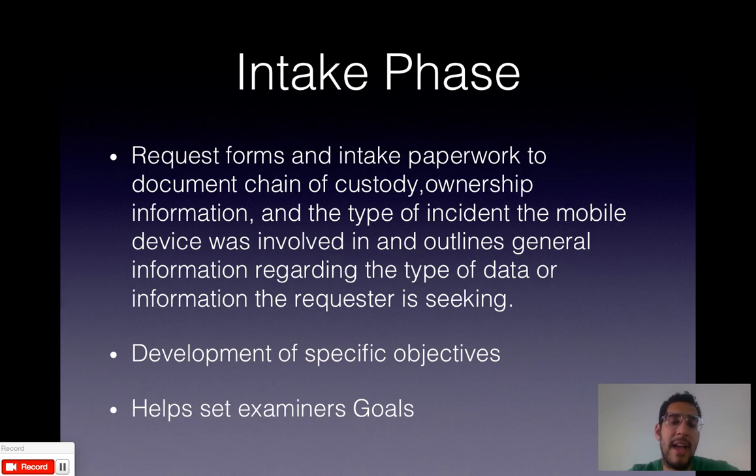This is an integral step because without it, you can get into legal trouble in trying to extract this data. So what this does is that it goes through the legalization process and allows them to move forward when it comes to trying to perform forensics on a device.